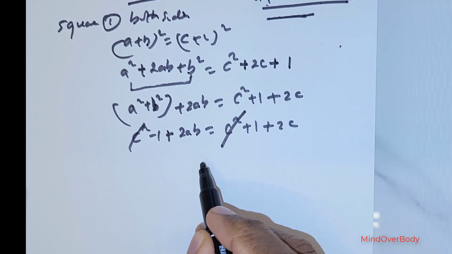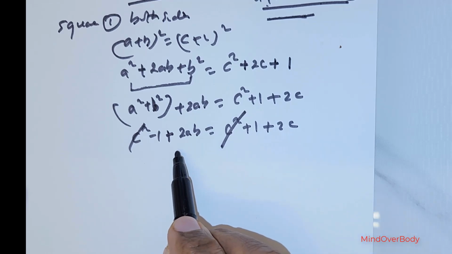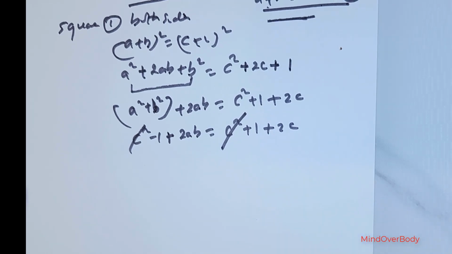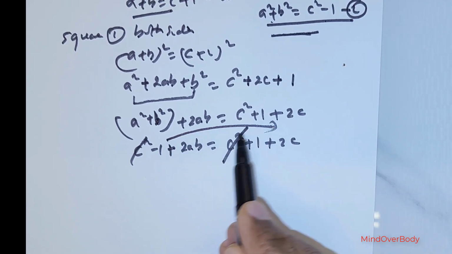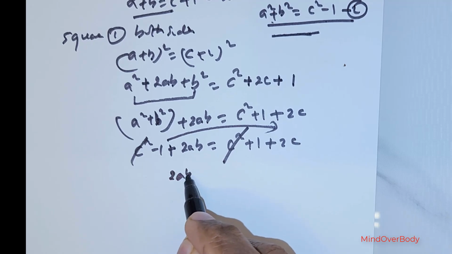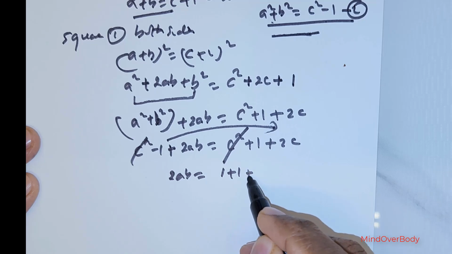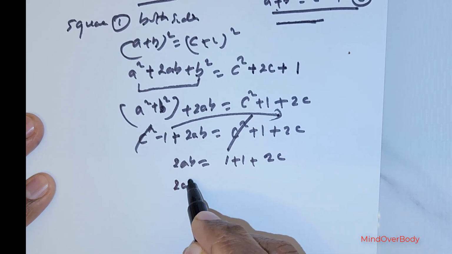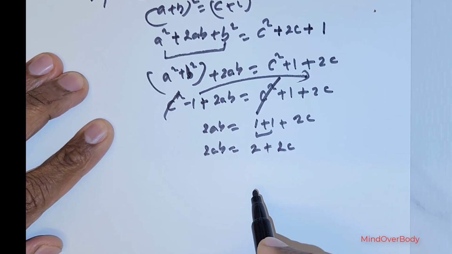Probably we can have a light substitution. Before that, I'm going to push this -1 to the other side. So 2ab is equal to 1 + 1 + 2c, which gives 2ab = 2 + 2c.